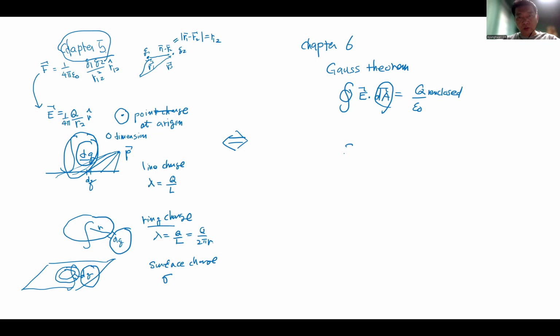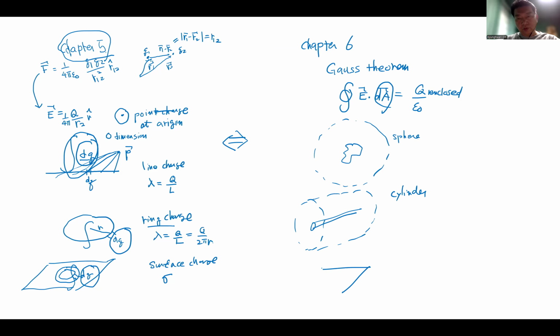It could be anything like this, and we have a surface integral of a sphere. Sometimes we have a line charge density, and then we have cylindrical surfaces. And sometimes, just like the surface charge density, we have some kind of rectangular box.